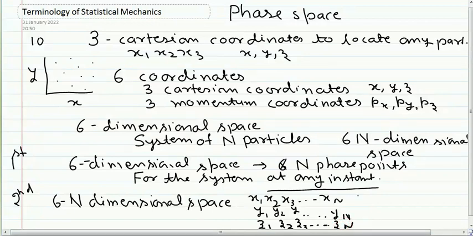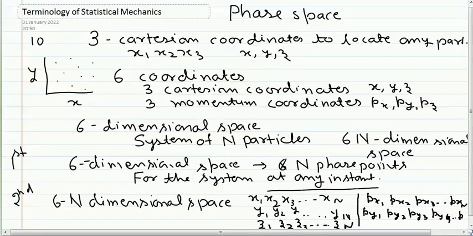So these are the position coordinates, and in the same way we have the momentum coordinates. So px1, px2, px3 up to pxn, and then py1, py2, py3, py4, up to pyn.